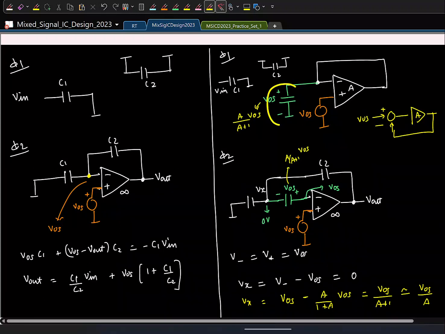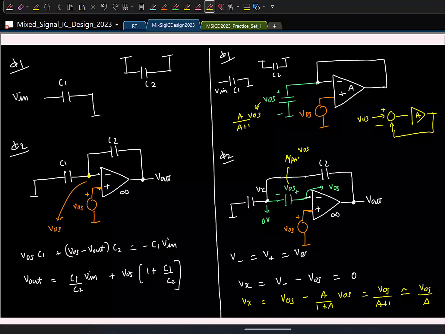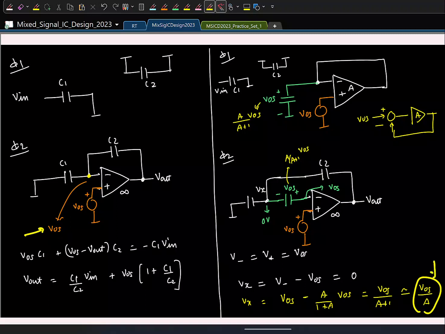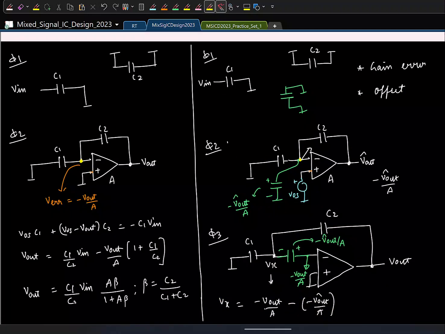We stored the offset across a capacitor and connected it like this, same principle. In that case, this virtual ground voltage was VOS, and after we did the error correction, it reduced to VOS by A. So the error voltage was VOS and it became VOS by A. In our circuit, the error voltage is minus V out by A.